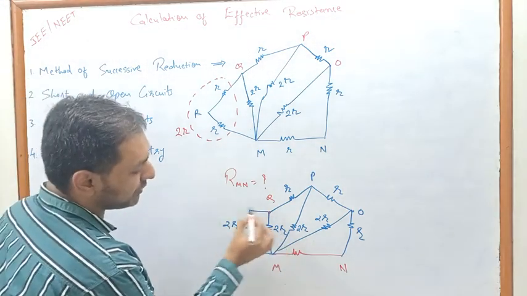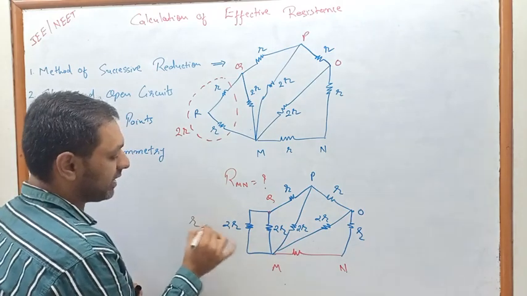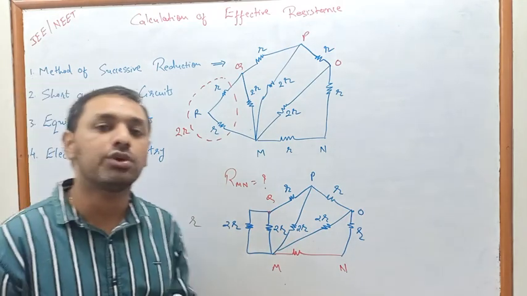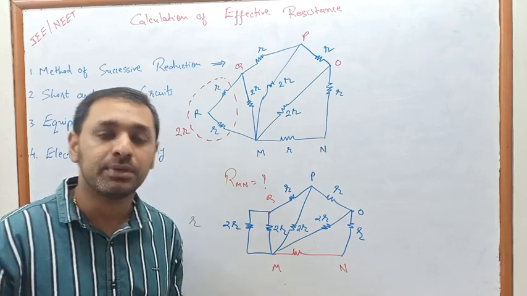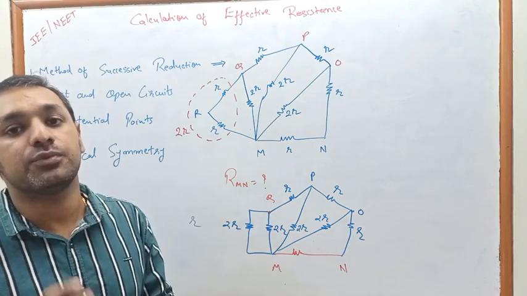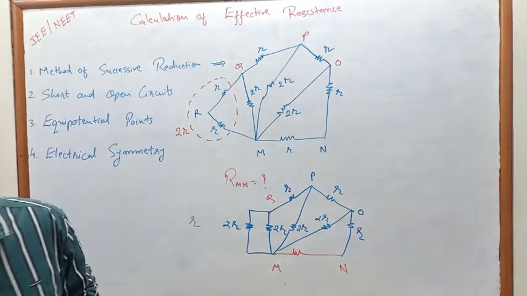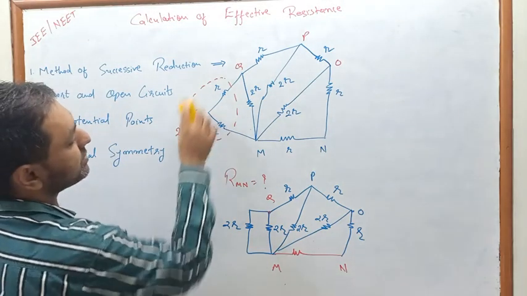So instead of this 2R I can write R, because you know that if two resistors are in parallel and their value is the same, then the resultant resistance will be half. So how can you reduce this?